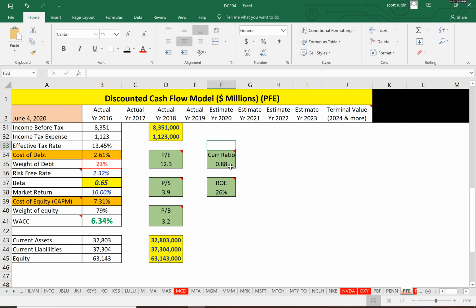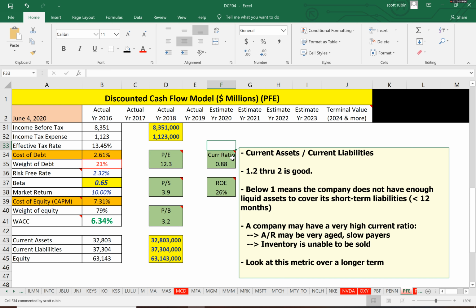So I'd be concerned if this was a small company, because they might not be able to raise funding in order to pay their debt or their vendors. But in a case like Pfizer, they're such a big company, and I think they can handle it.